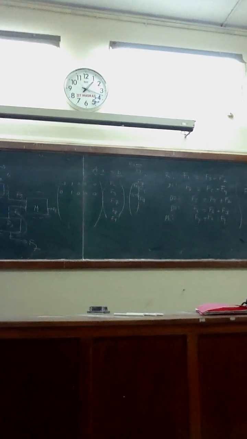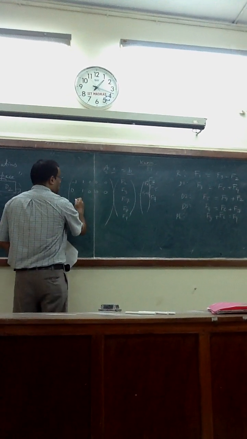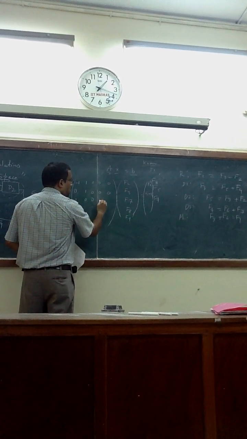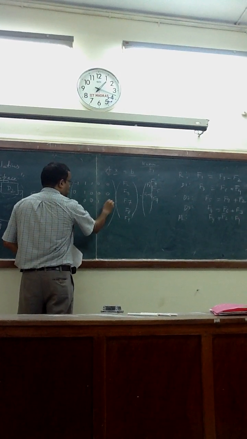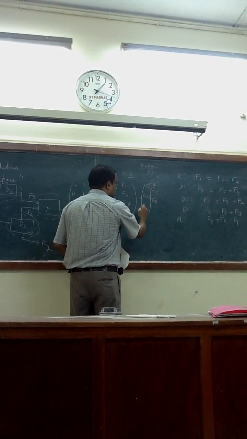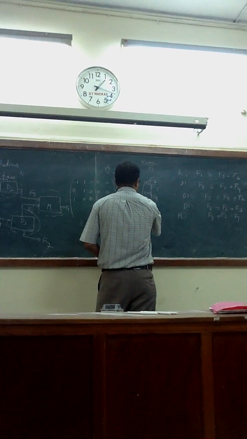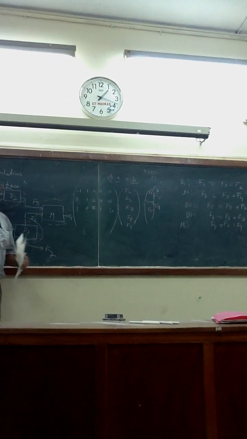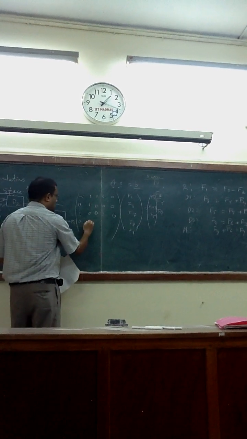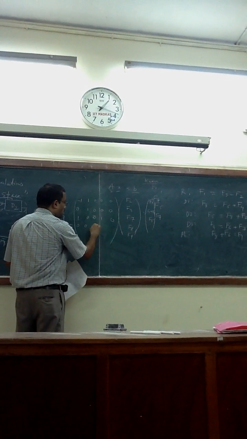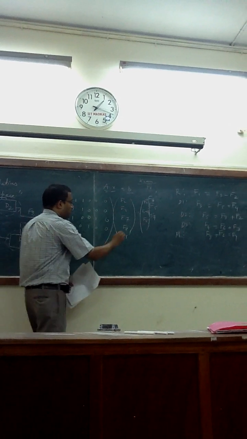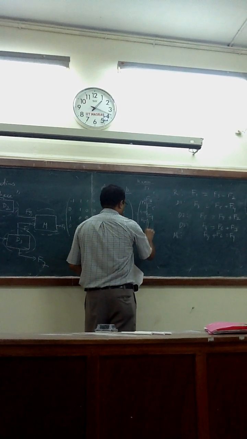What is that? 1, 0, 0, 1. Next, right hand side. Fourth equation. 0, 0, 1, 0. Now, right hand side: F4 minus F6.